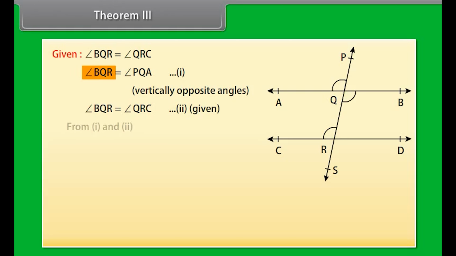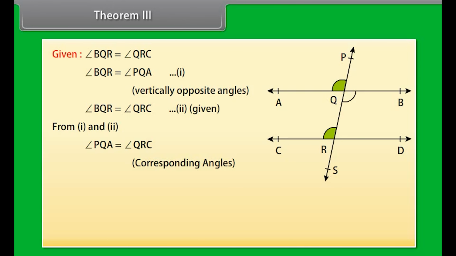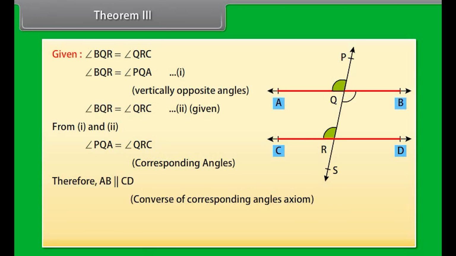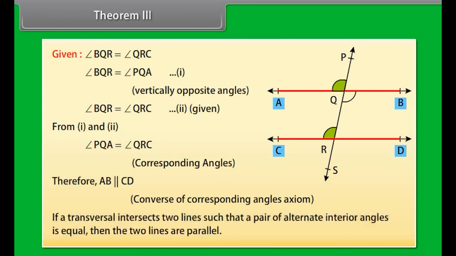But angle BQR is equal to angle QRC, given. Mark it as 2. So, from 1 and 2, you may conclude that angle PQA is equal to angle QRC. But they are corresponding angles, so AB is parallel to CD, by the converse of corresponding angles axiom. This result can be stated as a theorem, which is, if a transversal intersects two lines such that a pair of alternate interior angles is equal, then the two lines are parallel.